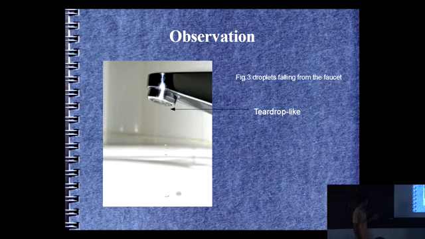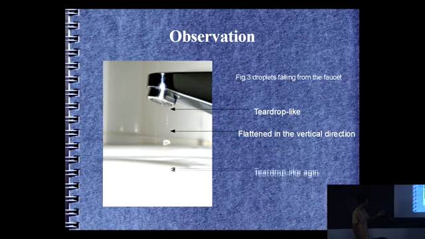Let's take a closer look. If a drop goes down from a faucet, it is teardrop-like at the mouth, and then after a short time it will be flattened in the vertical direction, and after another short time it will become teardrop-like again.